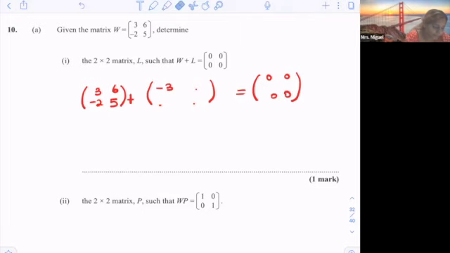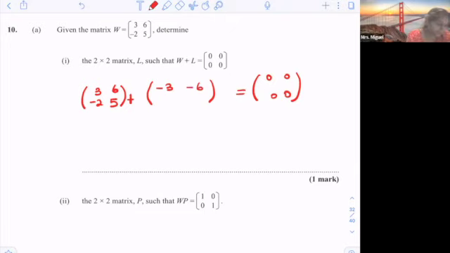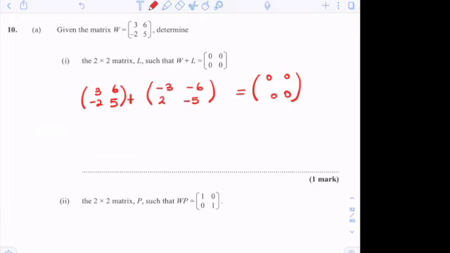The second value. 6 take away how much will give us 0? This will be minus 6. You have that? Right? This would be positive 2 because 2 minus 2 will give me 0. And this would be negative 5. You all get that?